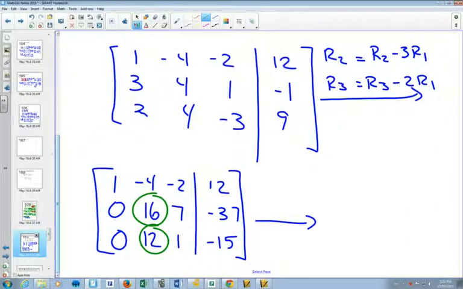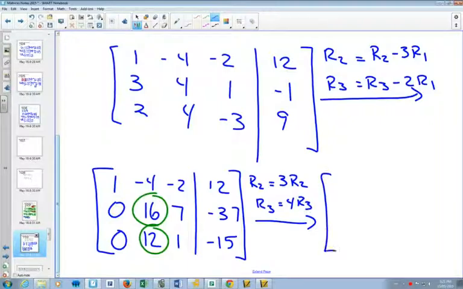48. So I'm going to take row 2 and make it 3 times row 2. That'll get me 48. And row 3 and make it 4 times row 3. My numbers are going to get bigger for a little bit, but at least they'll both be 48s there, and it's going to be pretty easy to figure out how to make one of those go away. Again, row 1 didn't change.